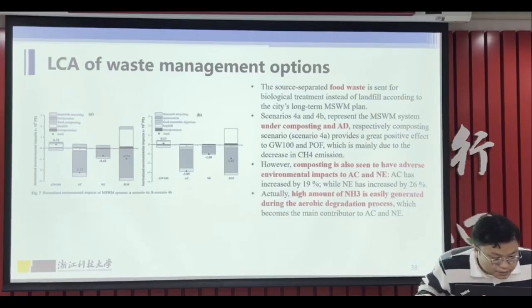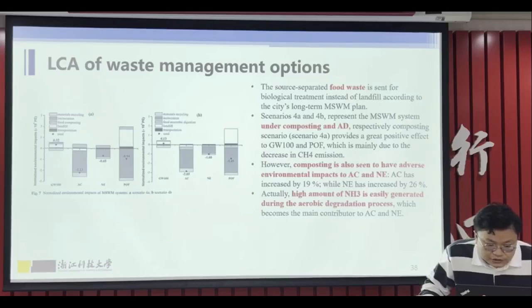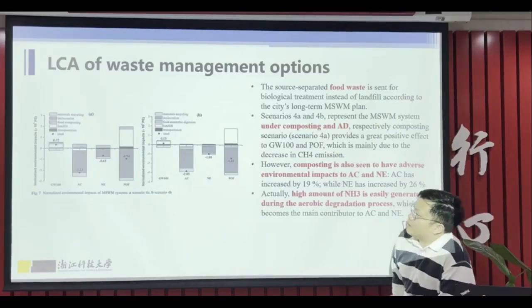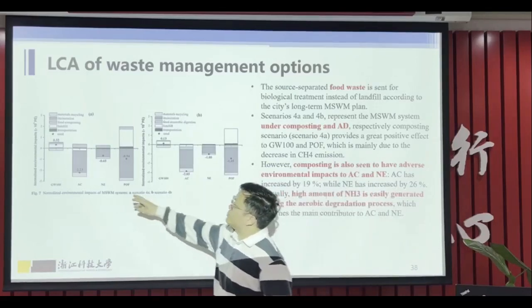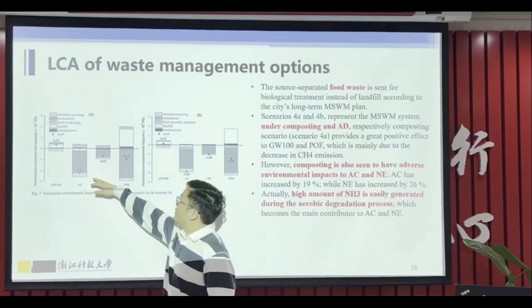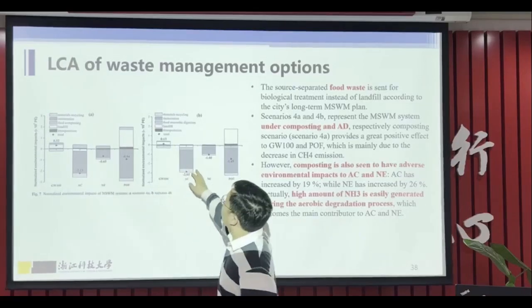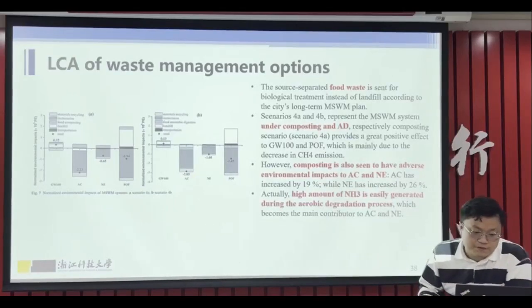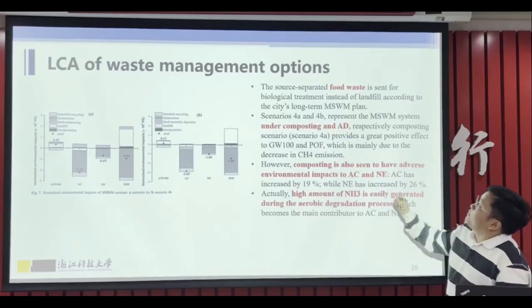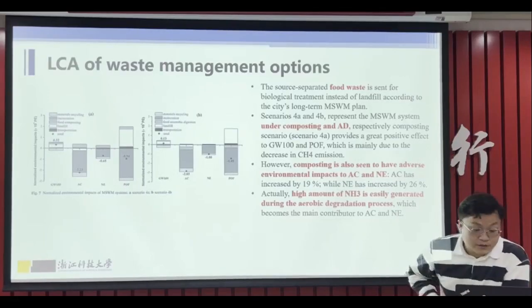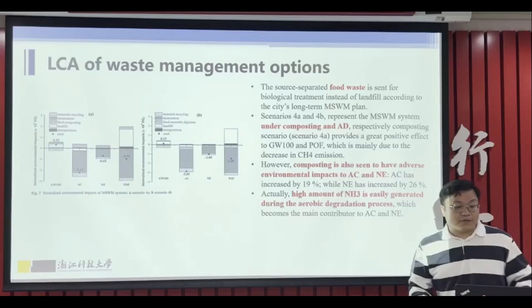And then we compared two different source-separated collection systems by introducing the technology of, for example, composting and anaerobic digestion. The source-separated food waste is sent for biological treatment instead of landfill, according to the city's long-term municipal solid waste management plan.